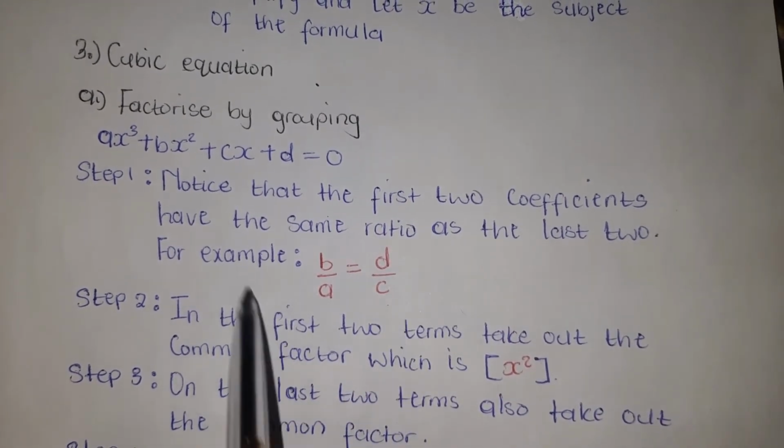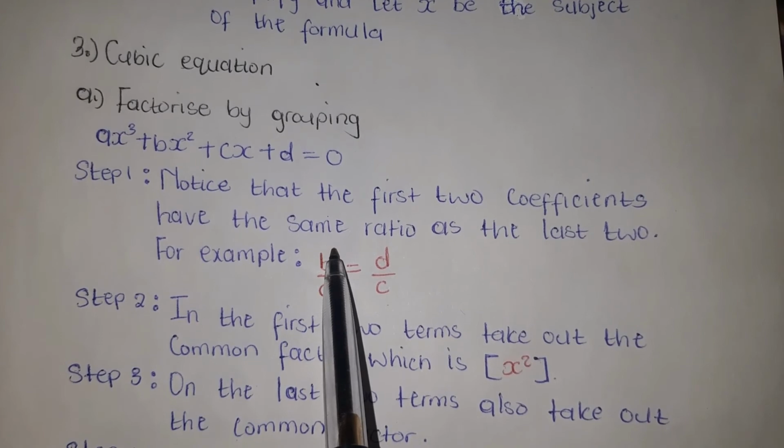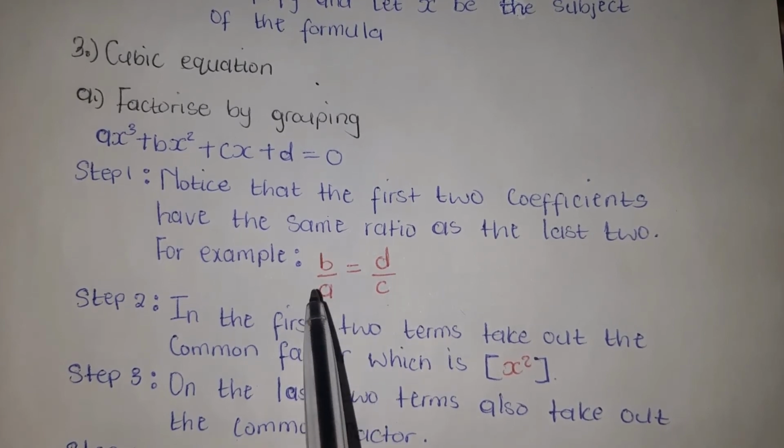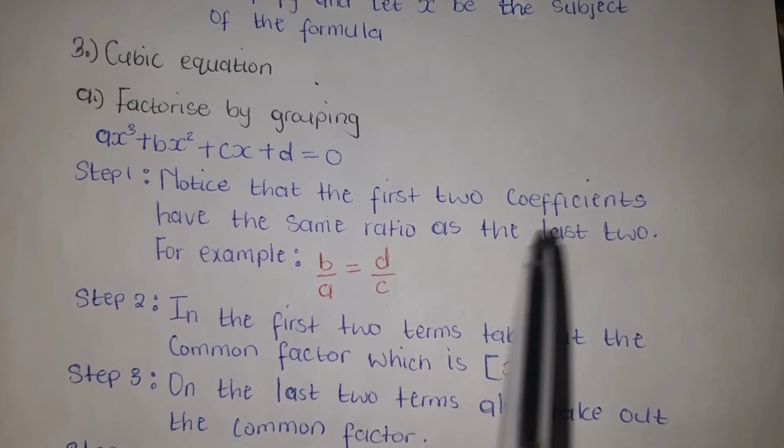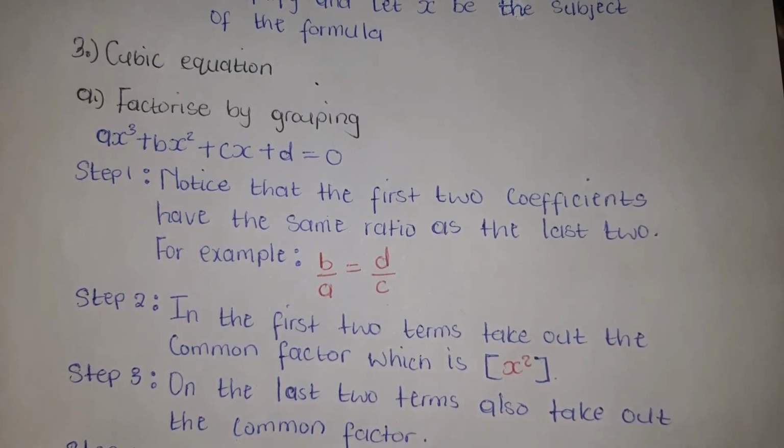If coefficient b over coefficient a is not equal to coefficient d over coefficient c, you cannot factorize by grouping.